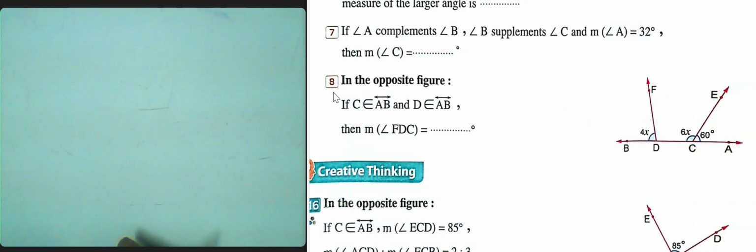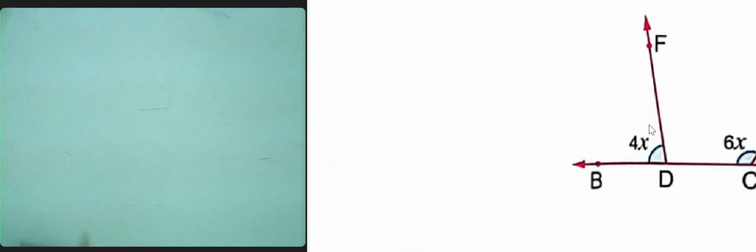Question number 8. In the opposite figure, if C belongs to straight line AP and D is parallel to straight line EP, you want to find the measure of angle FDC. First, we can find the value of x.